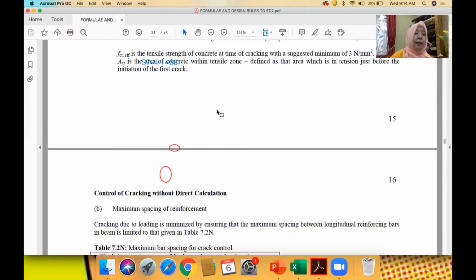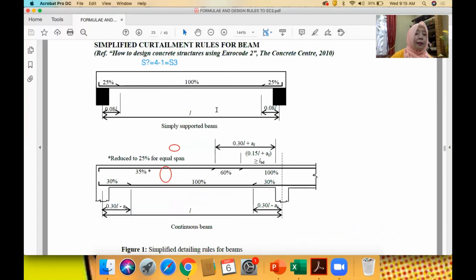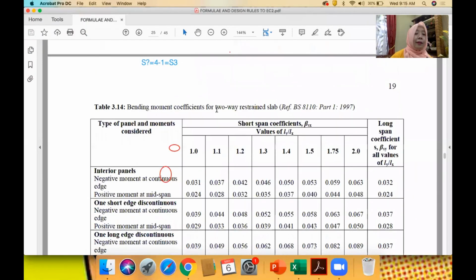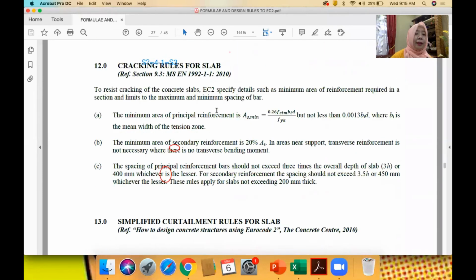Maybe there is guidance in the book. I'm not sure, is it in here?